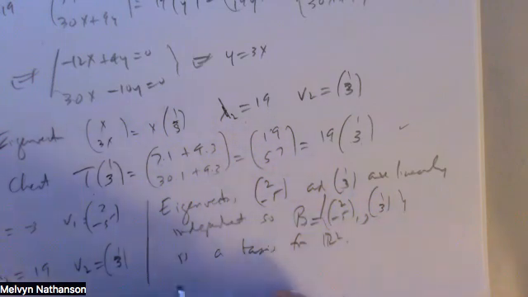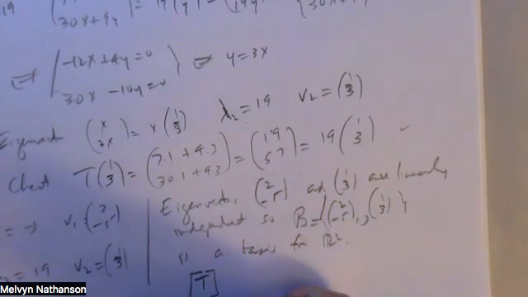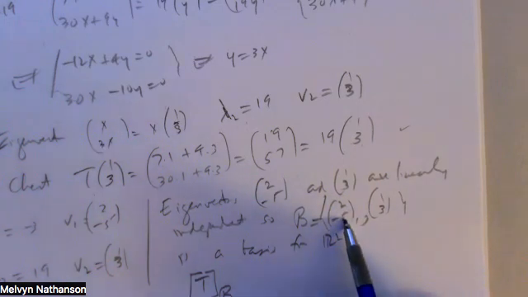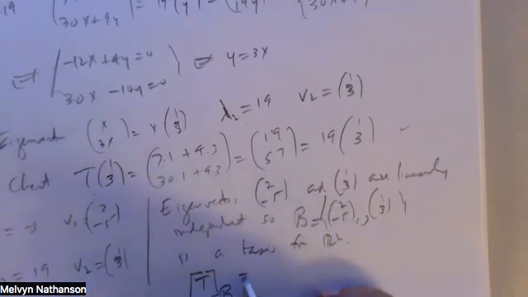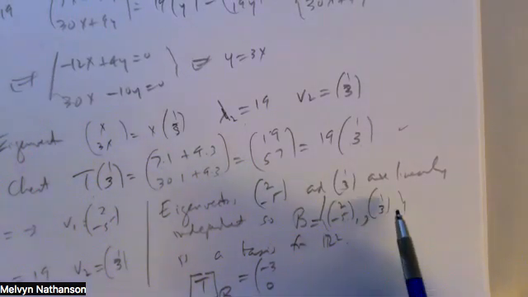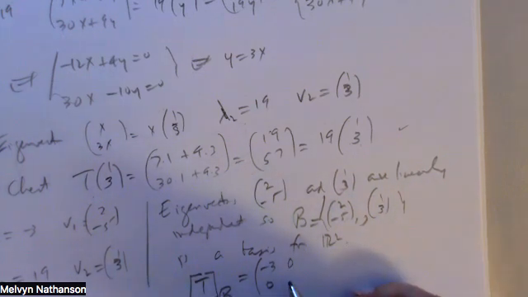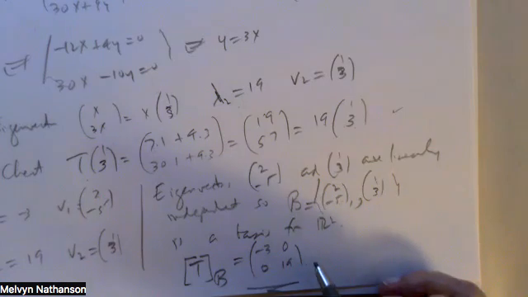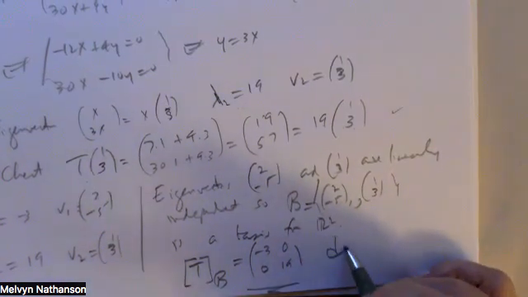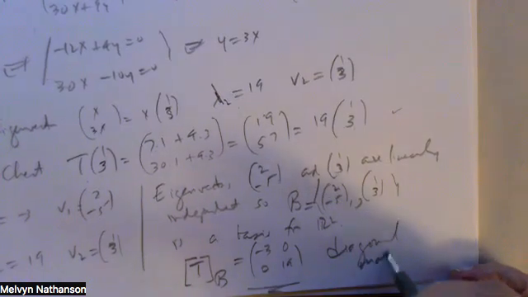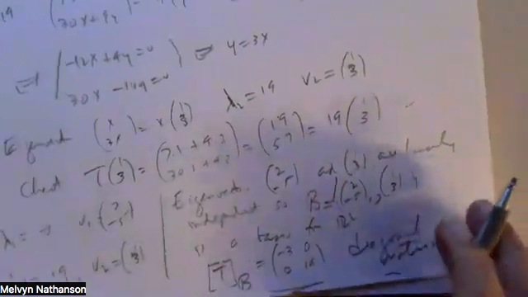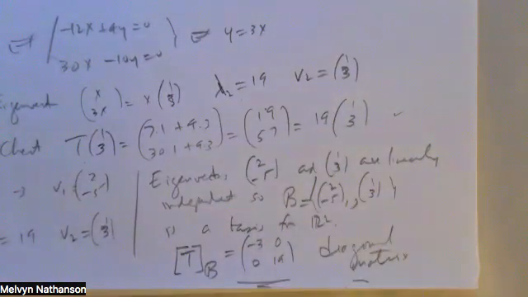With respect to this basis, the vector (2, minus 5) gets sent to minus 3 times (2, minus 5). So this is (minus 3, 0). The vector (1, 3) gets sent to 19 times (1, 3), so the second vector gets sent to (0, 19). So with respect to this basis of eigenvectors, the matrix for T is a diagonal matrix. And diagonal matrices are really the simplest matrices there are.